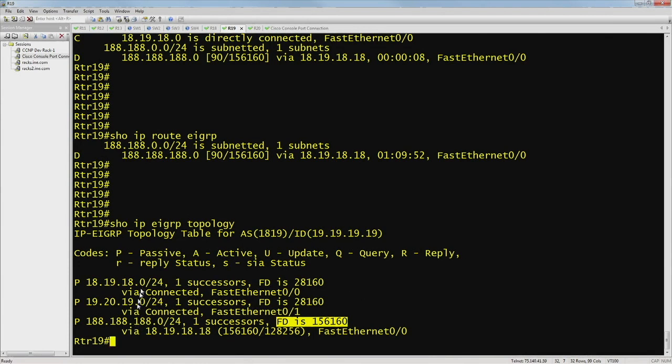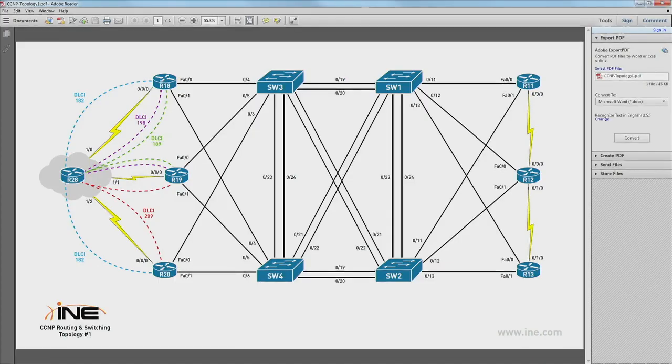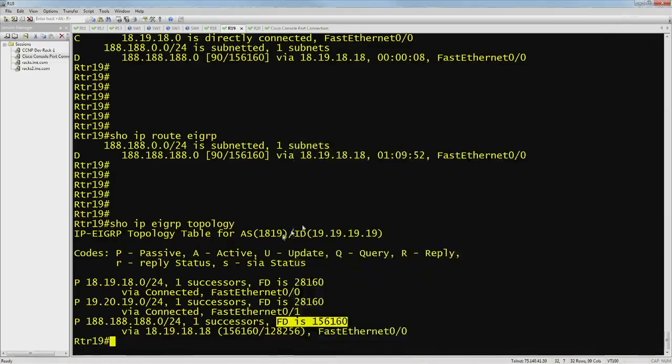Let's do an example of one other one. Right now I'm back to referencing this diagram. I'm looking at this one between 18, 19, and 20. I'm going to go onto R20 and configure a loopback with the exact same subnet that R18 has.